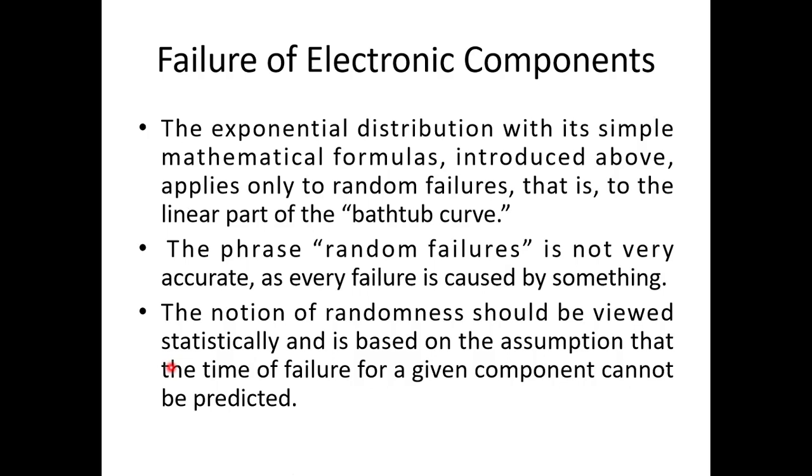The failure rate is decided with the formula e power minus lambda t. The random failure is not a very accurate failure, because once something happens, the random failure may immediately start.